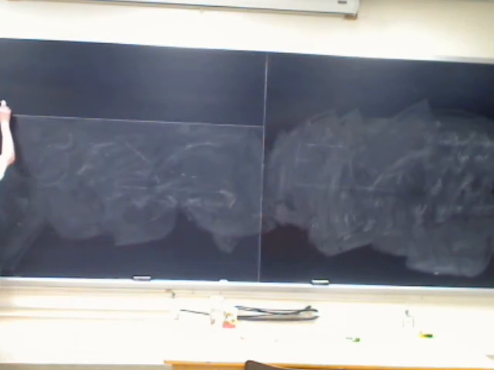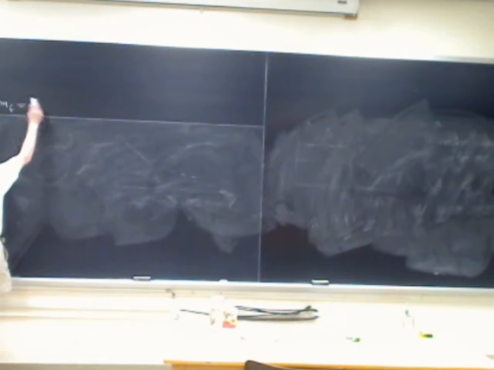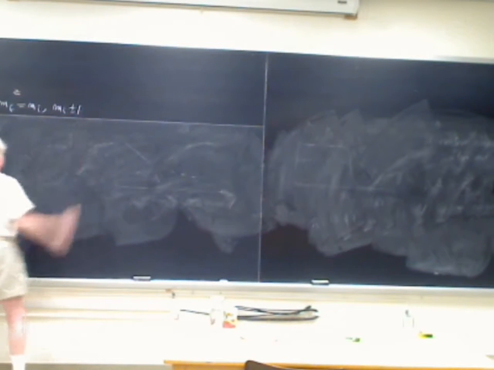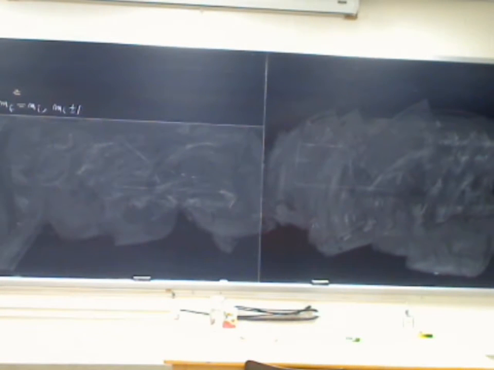And the other one is, well, M_f is equal to M_i if you use Z as the matrix element. Otherwise, it's M_i or M_i plus or minus 1. So those are the selection rules in the dipole approximation.